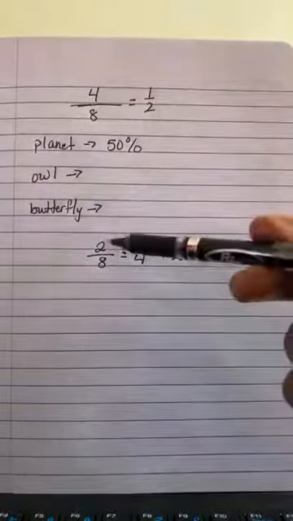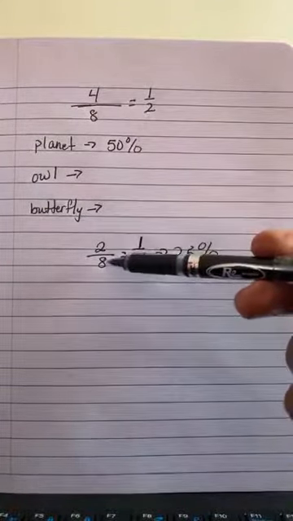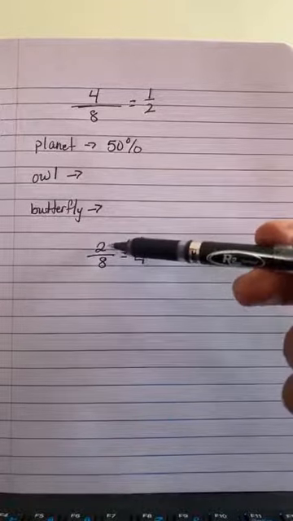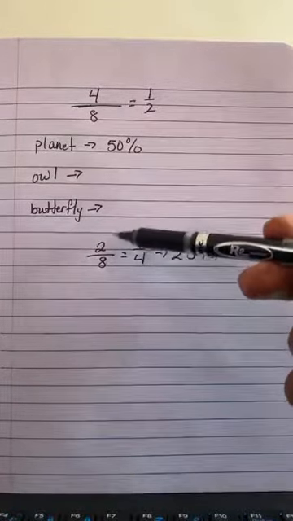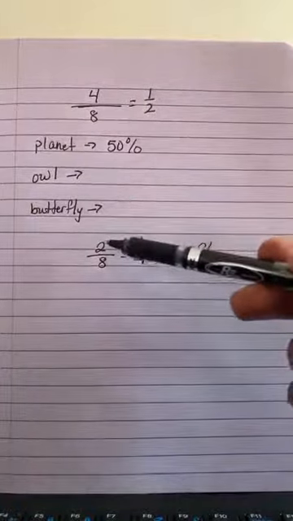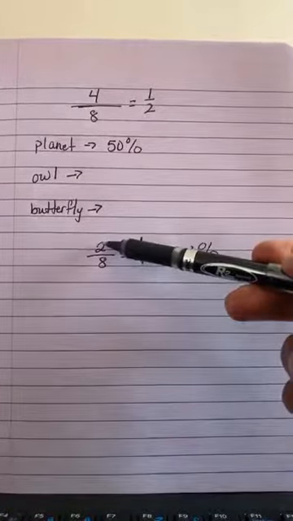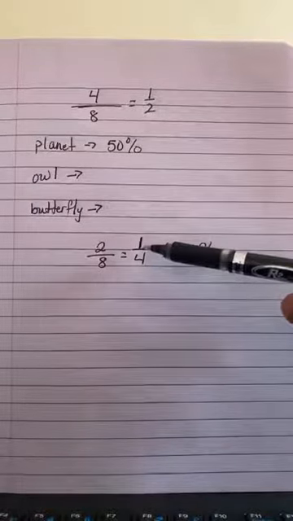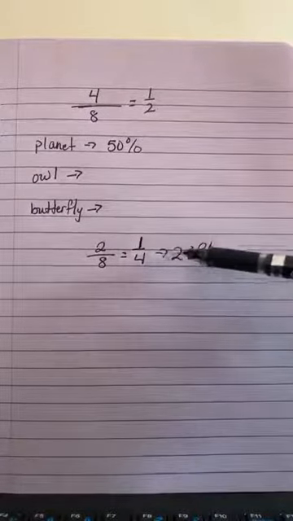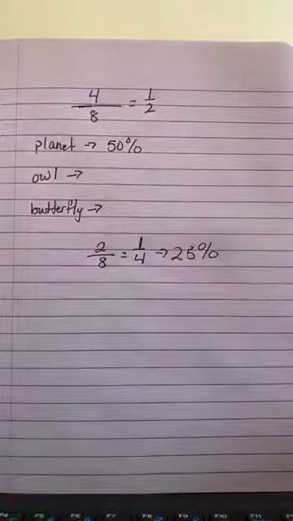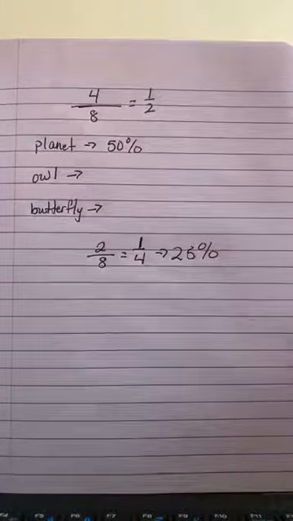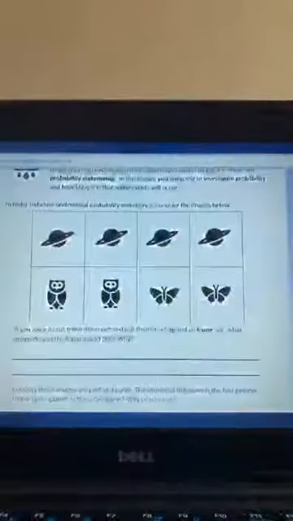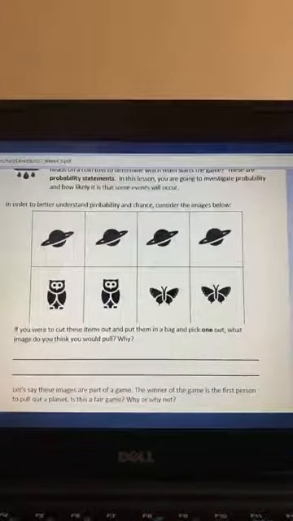So I put 2 over 8, because once again, 8 is the total number, and that represents your denominator. 2 is however many there were, which is only 2 owls or 2 butterflies, so that represents my numerator. 2 over 8 reduces to 1 over 4. And 1 over 4 as a percent is 25%. It's 25%. All right? So good job.